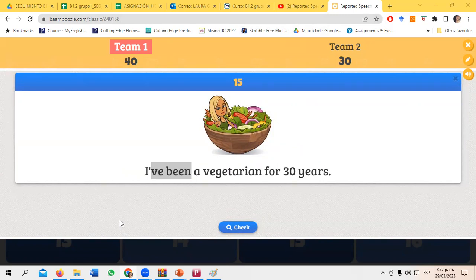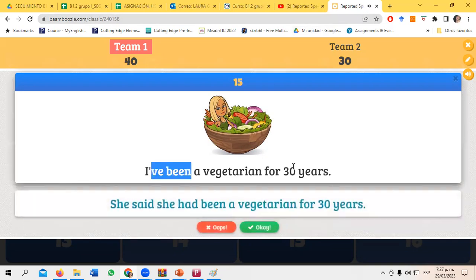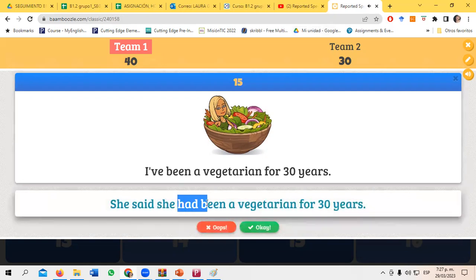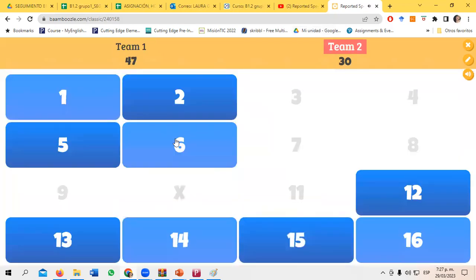So she said that she had been a vegetarian for 30 years. Yes, correct. She said she had been a vegetarian for 30 years. Correct. Okay. Good. Group number 2.